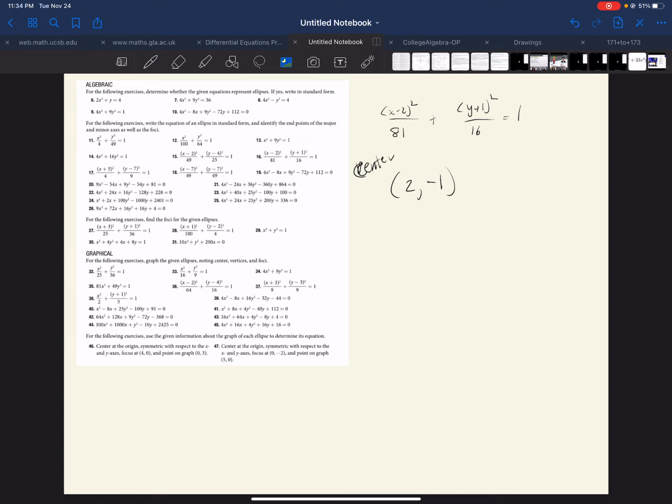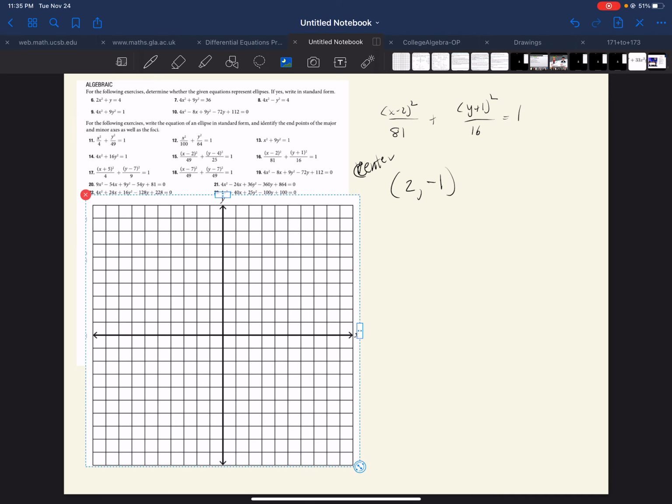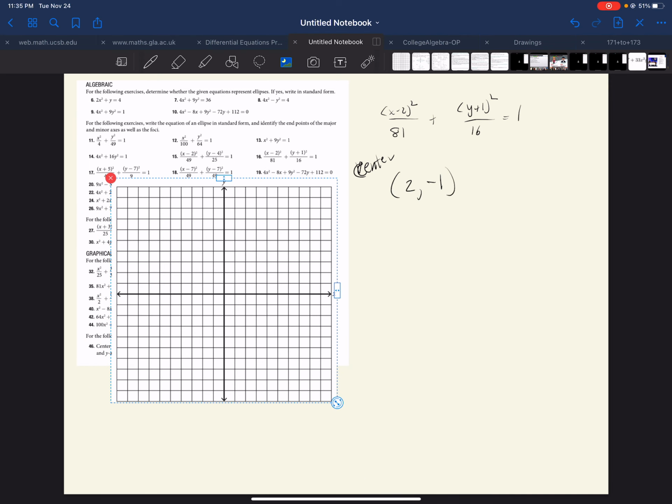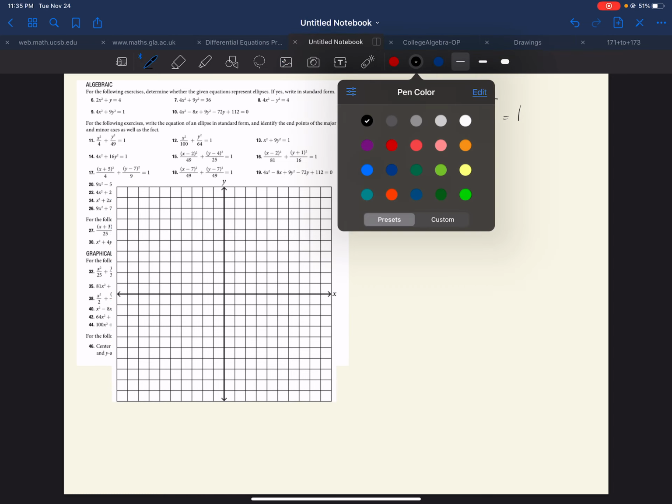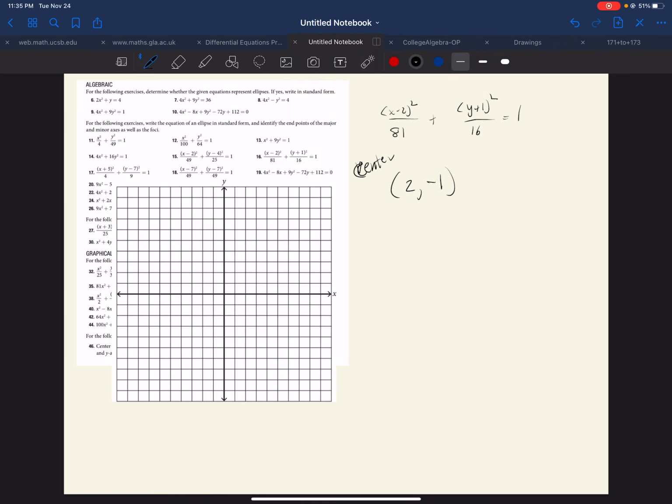Now I'm going to pull a graph in right now to start working on this. So I'm going to go over 2, and down 1, and I'm going to put a center. Now, all this center does is it acts like the new origin. It acts like now our x and y axis is right here.